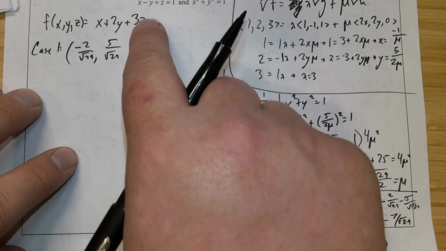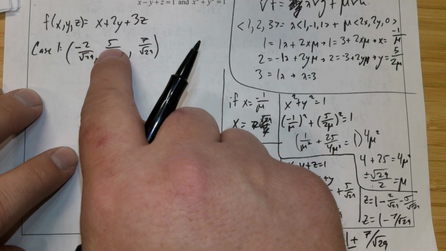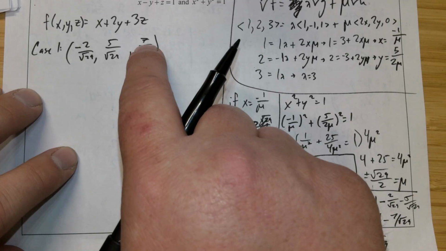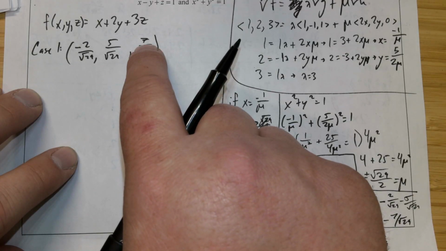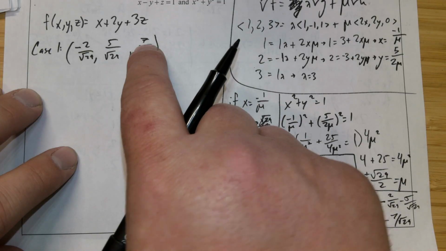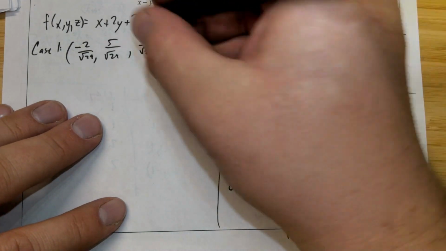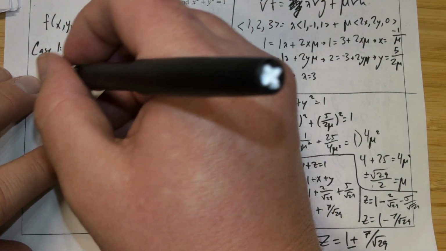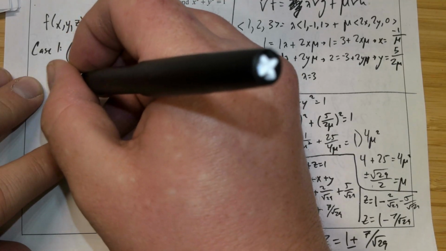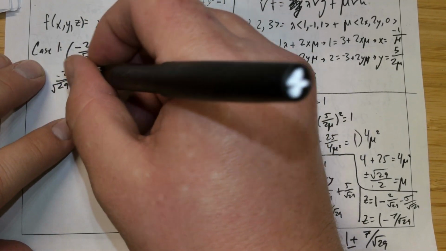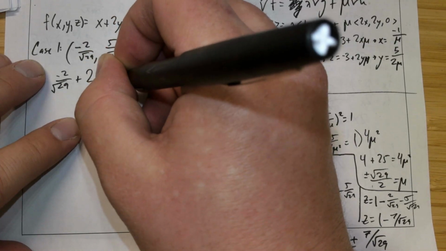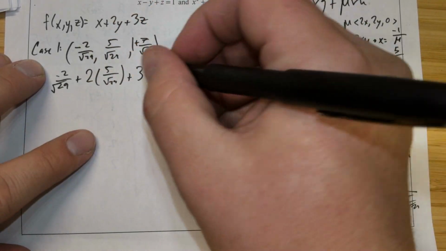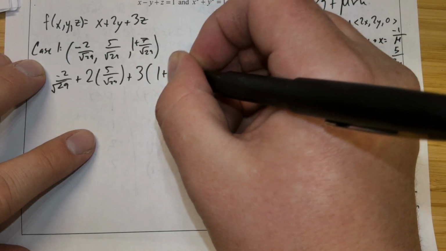When I plug that in up here, I'm going to get -2 plus 10 plus 21. Oh, I dropped 1 plus. So I'm just going to write it out. -2 over rad 29 plus 2 times 5 over rad 29 plus 3 times 1 plus 7 over rad 29.